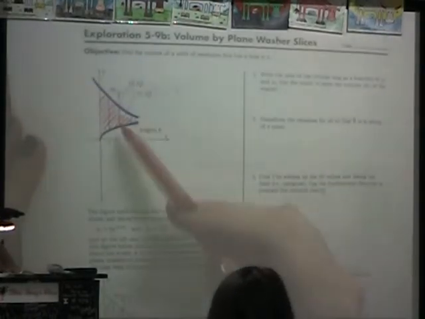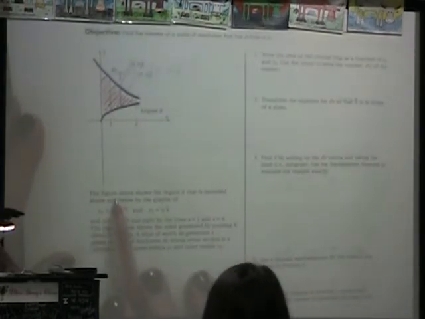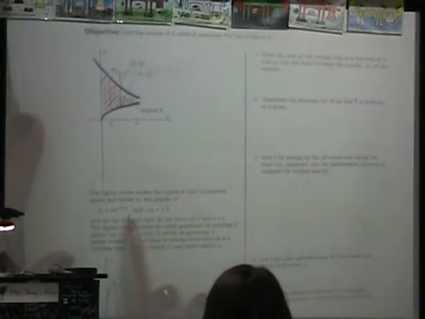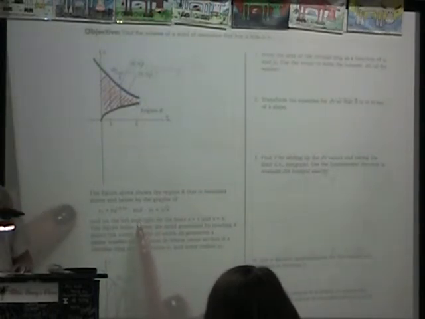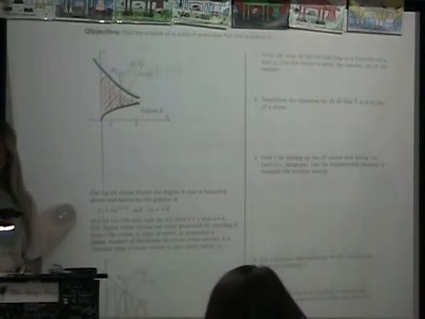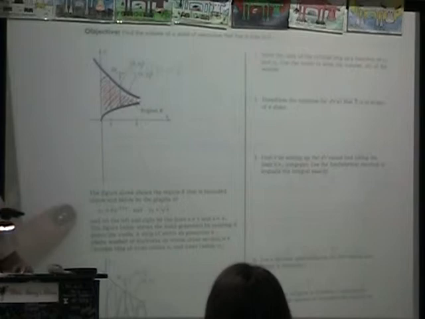All right, so we're taking this piece, we're rotating it around the x-axis this time, and it says the figure above shows the region R that is bounded above and below by the graphs of y sub 1 and y sub 2. Can you identify if the top graph is y sub 1 or y sub 2? Y sub 1. Everyone hopefully should recognize that y sub 2 is the parent graph for square root of x.